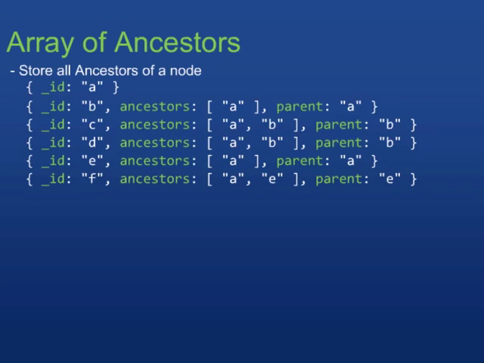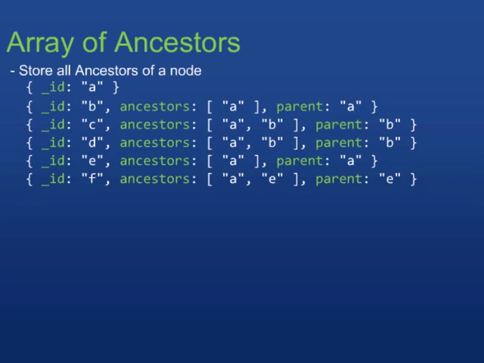So here I've got A, B, C, D, E, F. I can see the ancestor path for each node in the tree and the immediate parent of each node. So if I look at node F, its parent is E, and E's parent is A, hence the ancestor path is A, E, right? And I can see E in this collection as well. Its ancestors are A, its parent is A.